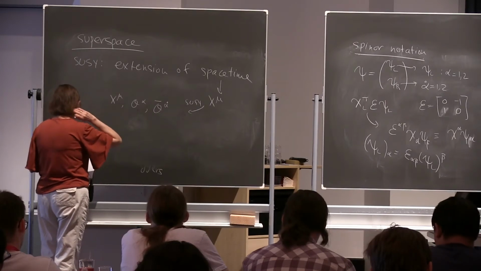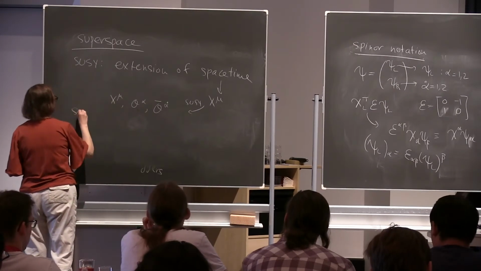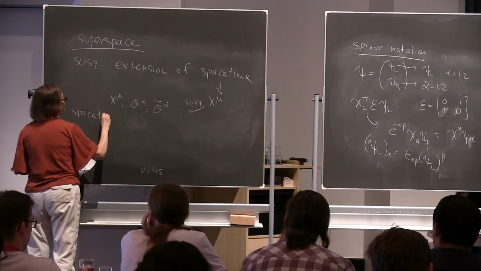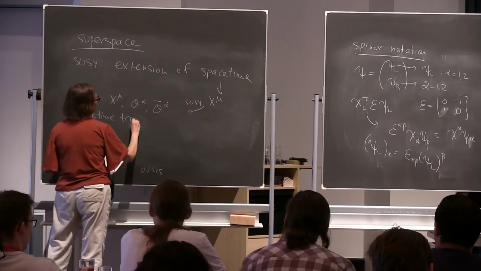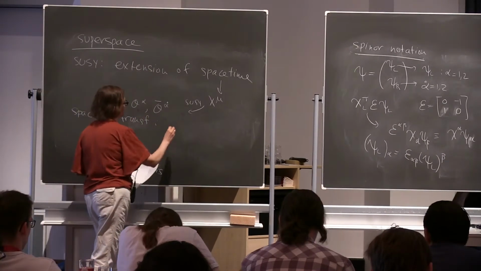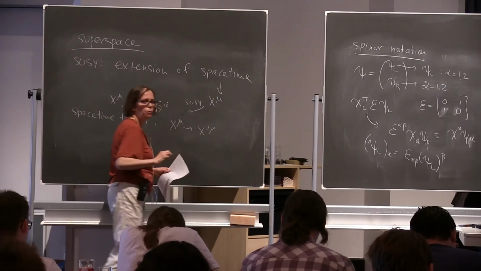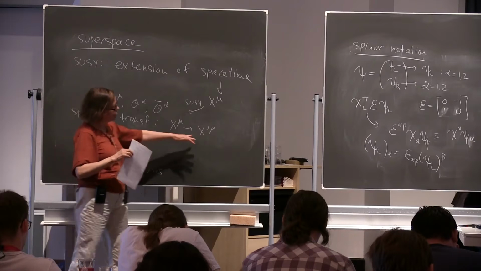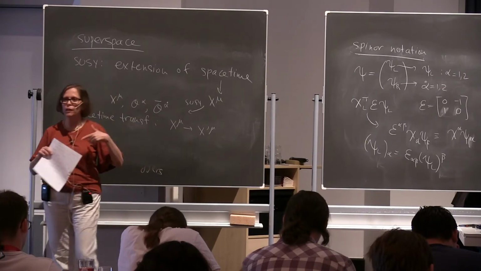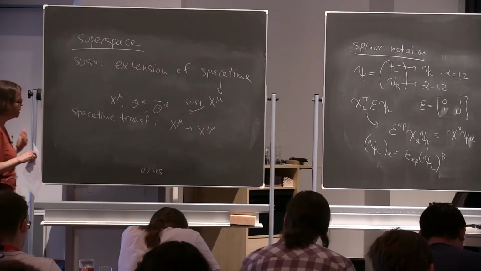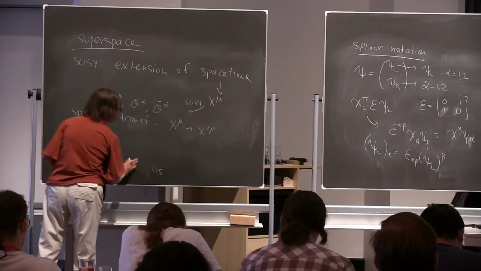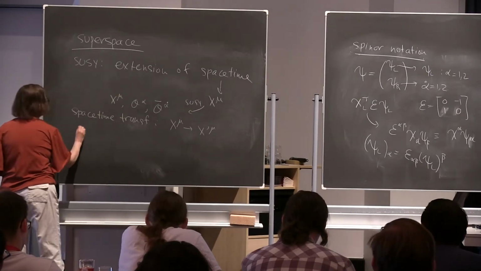Now, if we have a space-time transformation, then the space-time transformation takes the x mu into some x prime mu, where the different components of x mix between themselves. So exactly the same thing should happen for supersymmetry transformations.